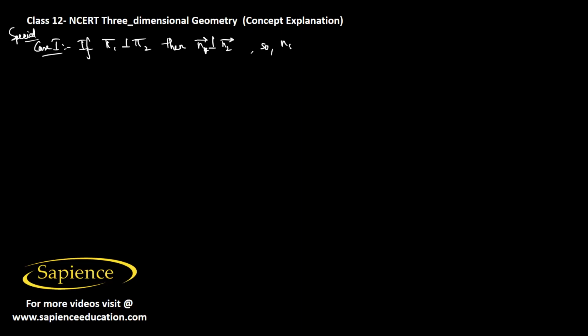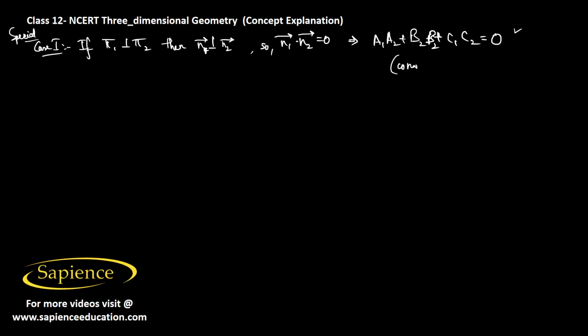So it means n1 vector dot n2 vector should be equal to 0. It means a1 a2 plus b1 b2 plus c1 c2 should be equal to 0. So this is the condition for two planes to be perpendicular.